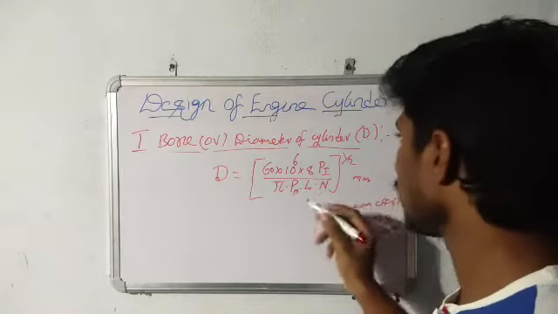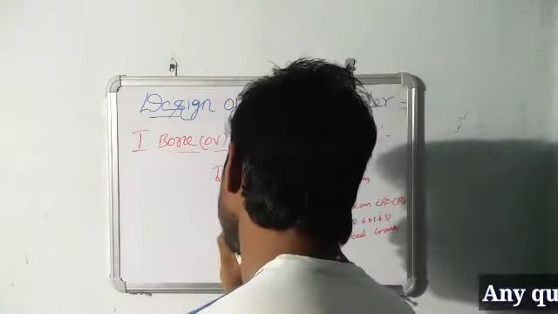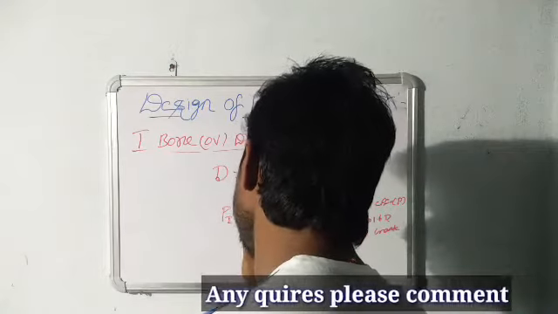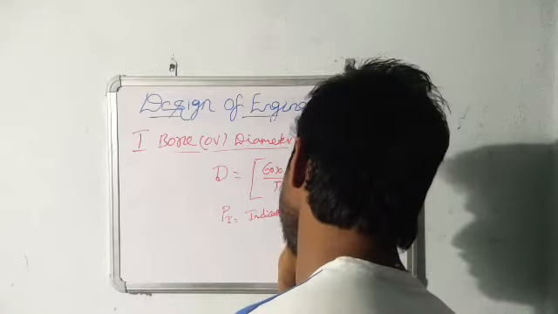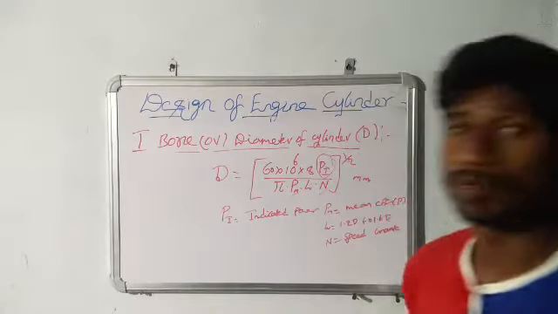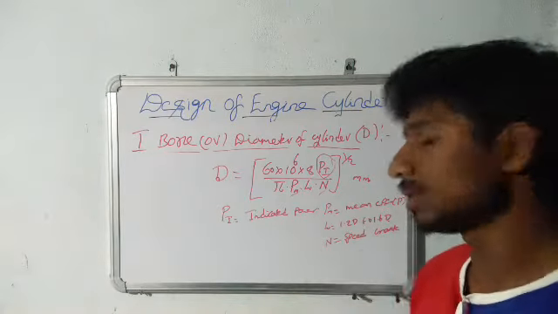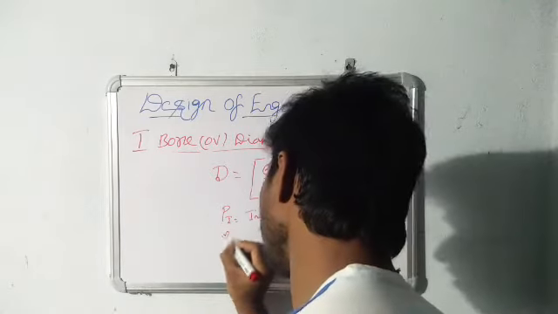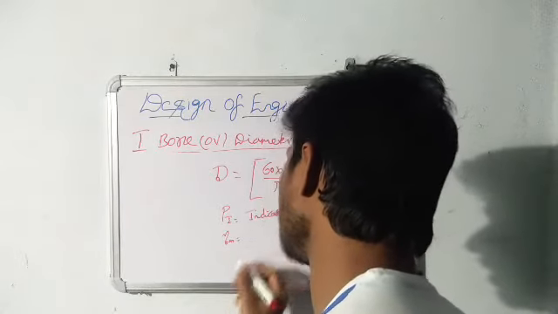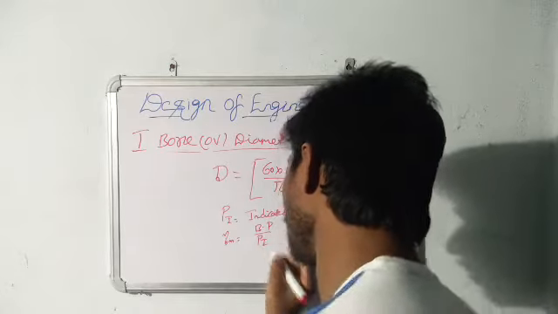Finally, one more term is here, that is PI, the indicated power. So what is the actual power developed inside the engine cylinder? That is known as indicated power. The indicated power is found with the help of efficiency, that is equal to brake power by indicated power.